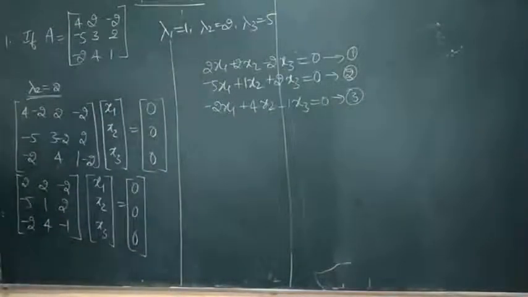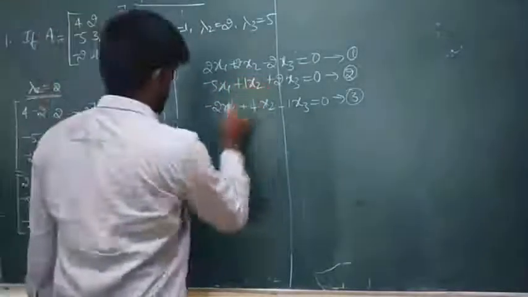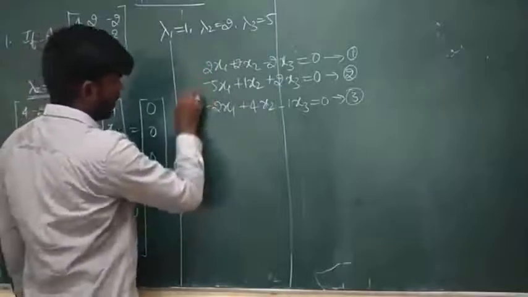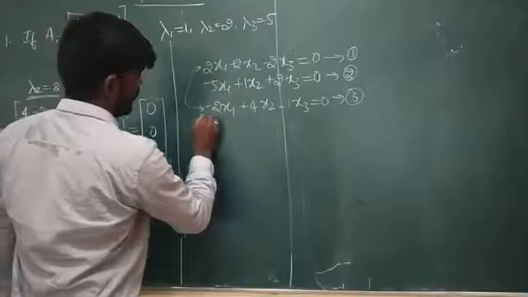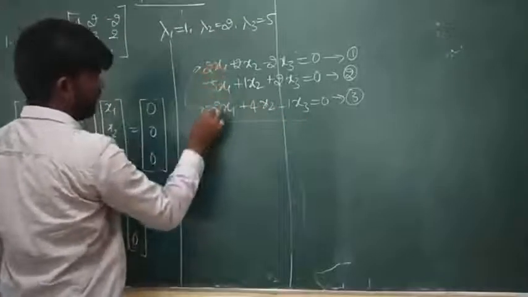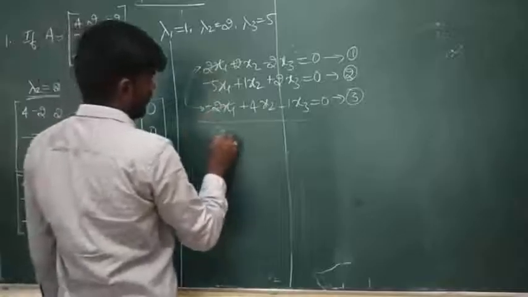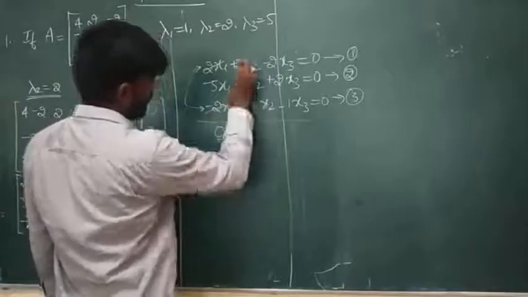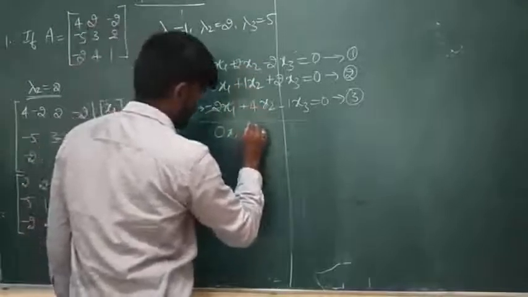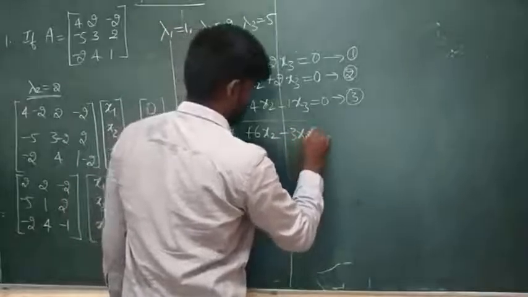Okay. By solving these equations, we get the eigenvector corresponding to the eigenvalue lambda 2 equal to 2. We will see from equation 1 and 3 we get 2x1 minus 2x1 goes 0, and x2: 2 into 2 plus 4 is 6x2, and minus 2x3 minus 1x3 is minus 3x3, which is equal to 0.